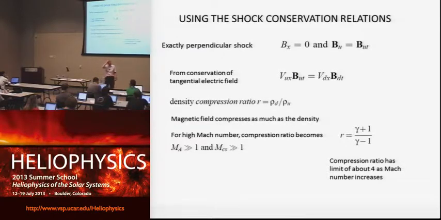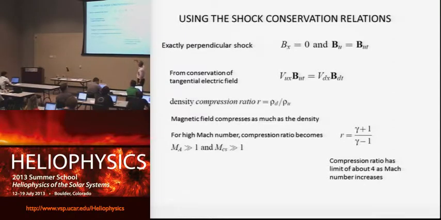For example, if you go to another limit in the geometry and you go to the exactly perpendicular shock, from the conservation of tangential electric fields, you can get this relationship between the upstream normal velocity times the tangential upstream field relative to the downstream quantities.